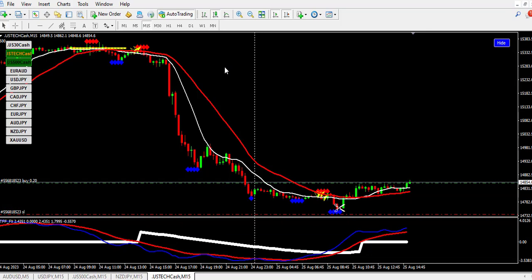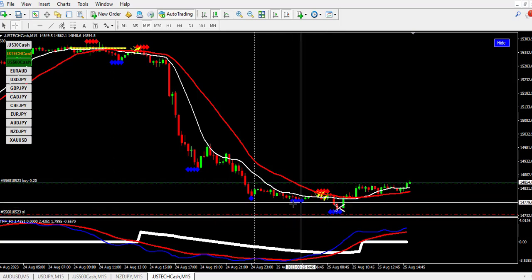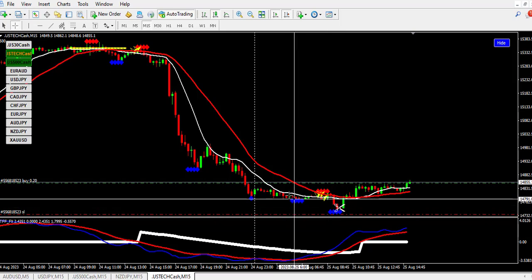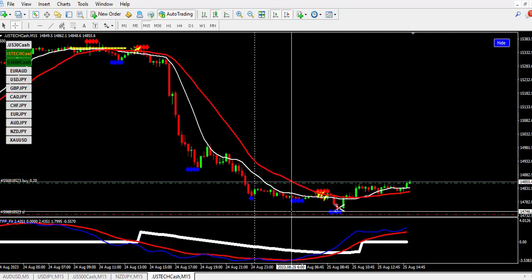Now let us move on. The number one thing you all need to look out for is this blue indicator, the fractal indicator. This does not repaint, and that's why you see it here.